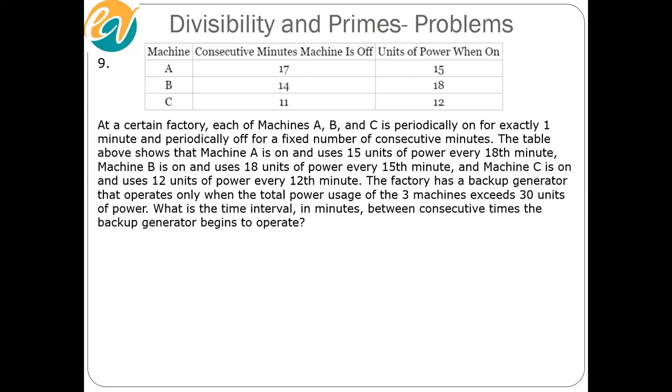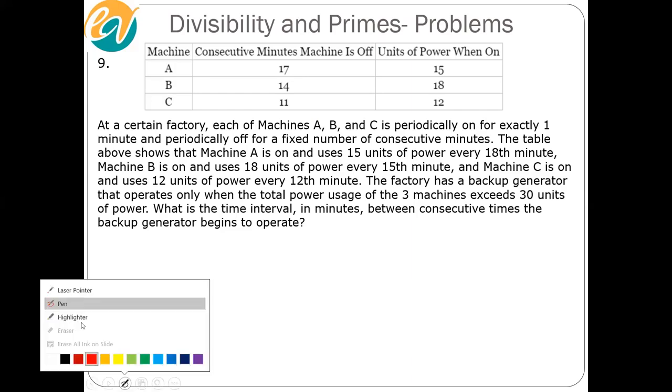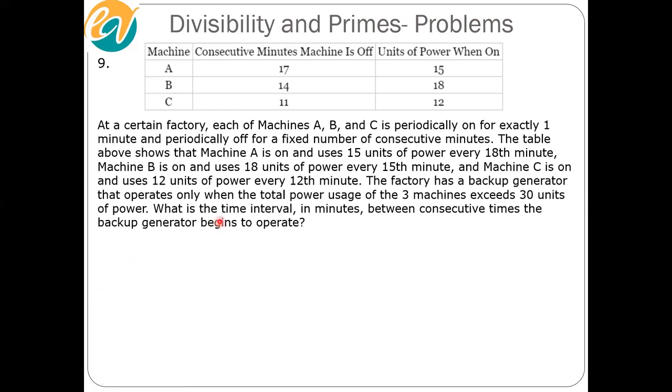Now, I'm hoping you understand this table that's given to you. Notice what it's saying is that, for example, machine A is off for 17 minutes, which means machine A is operational every 18th minute.